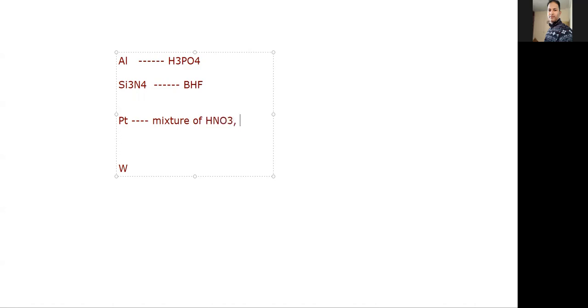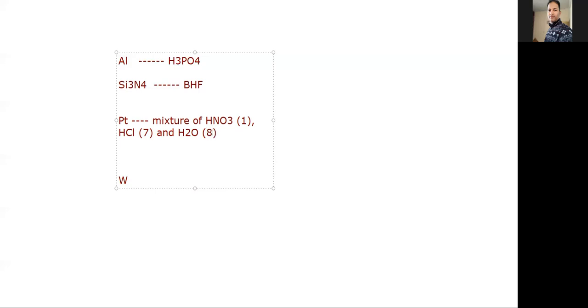Please bear with me, I'm not able to put this 3 in subscript, so I hope you understand that this 3 is a subscript. You use 1 portion of nitric acid, which is like 1 ml, then hydrochloric acid, which is 7 times the nitric acid, and then some diluent, which is water in this case, 8 portions.